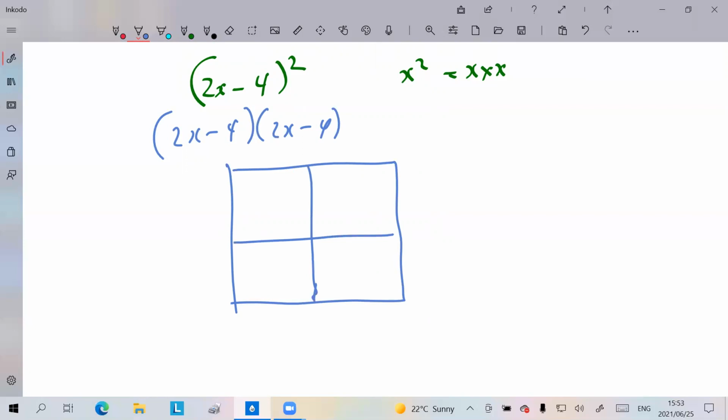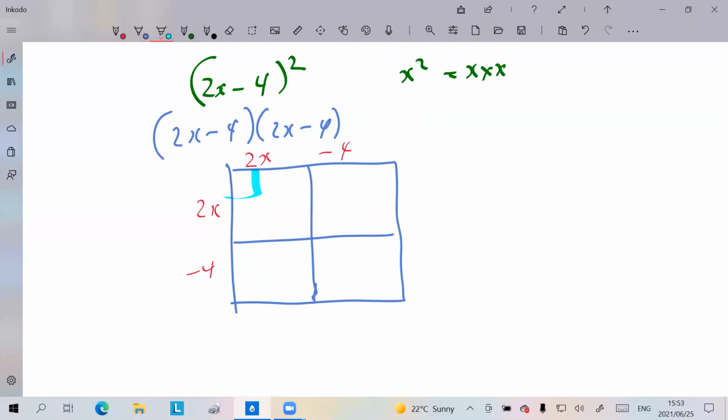And I write it down, 2x minus 4, 2x minus 4. Right? Now, let's try to make sense of this. We need to multiply.